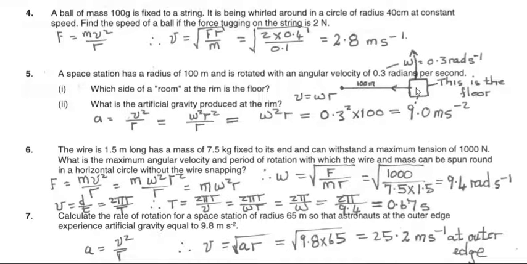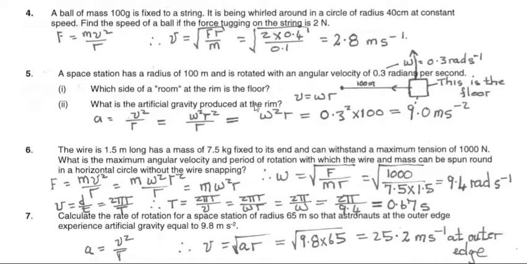And so the centripetal force is going towards the centre of the circle, and what that would do is produce a reaction outwards, and so it would feel as though this side is the floor, because this side here would be pushing against. It'd be like an apparent force called a centrifugal force. It doesn't actually exist, but this floor here would be pushing towards the person standing in the space station.